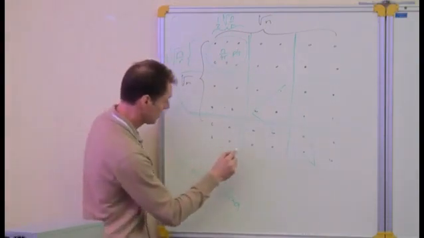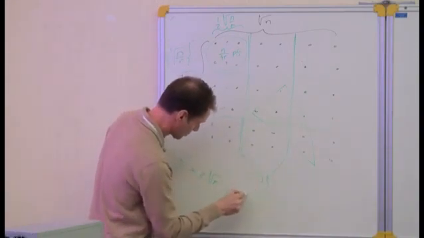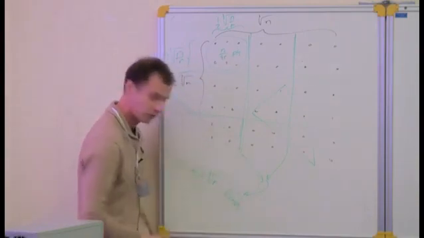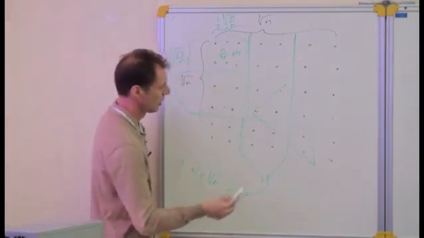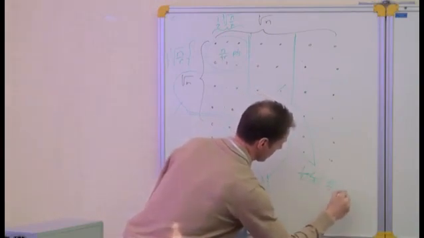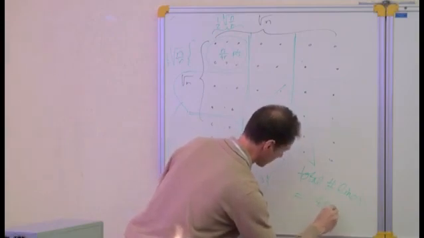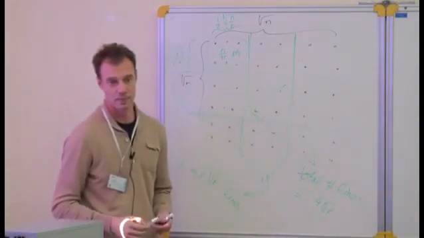Okay? Here, the number of these lines is also this. So in total, the total number of lines is, let's say, 4 times the square root of r.